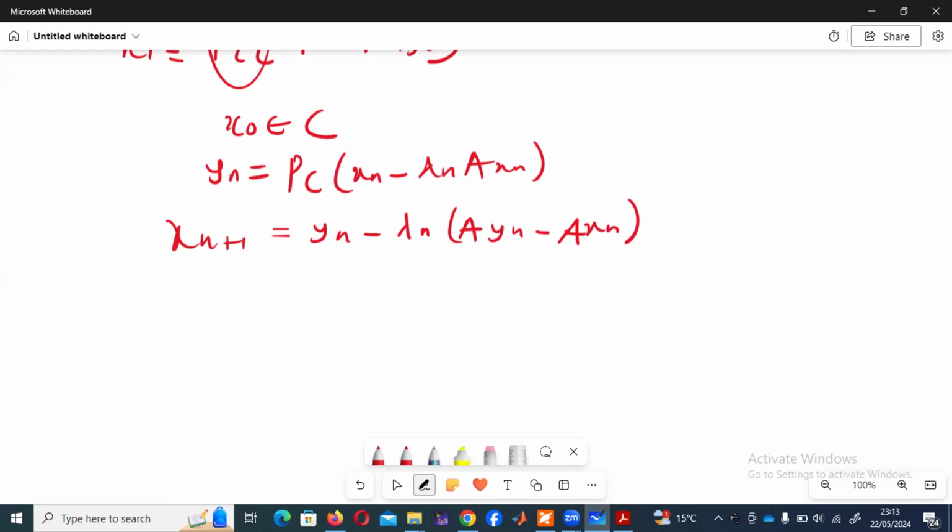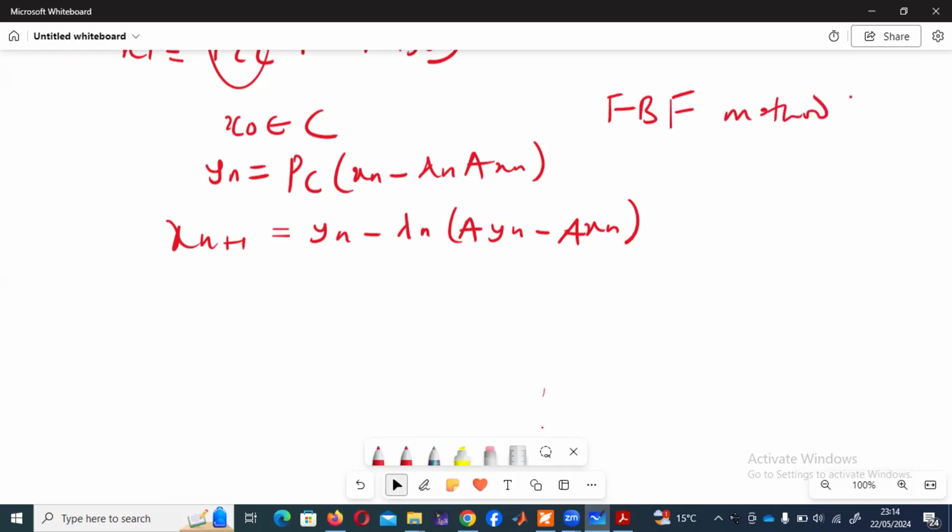With a minus or with a plus? A yn minus A xn, correct. It is the difference, so the minus. So this is the subgradient extragradient method, which is also called the forward-backward-forward method. That's another name for it.